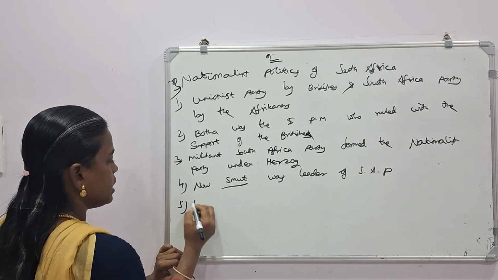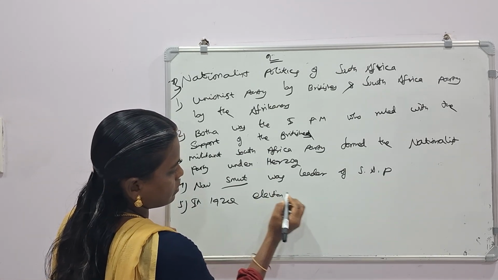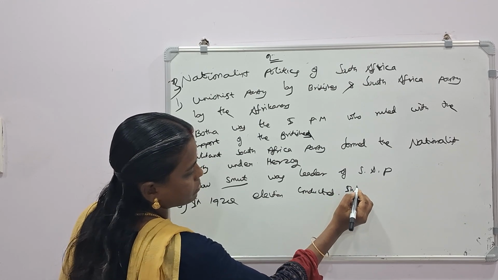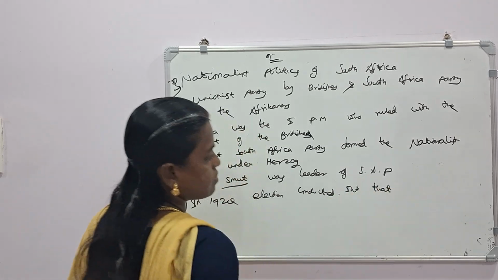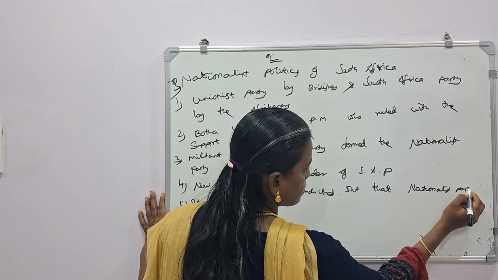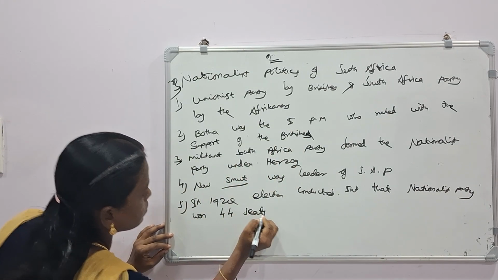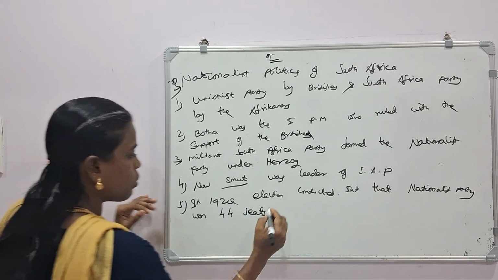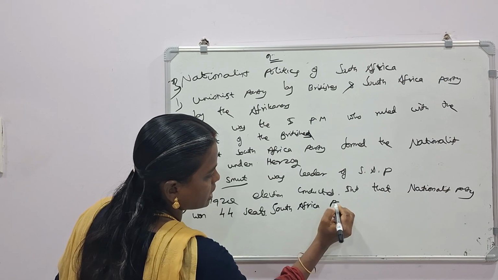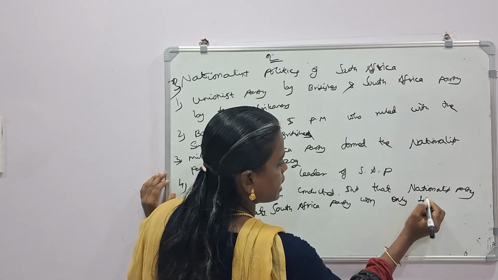Fifth one, in 1920, an election was conducted. In that, the Nationalist party won 44 seats. The South Africa party won only 41 seats.